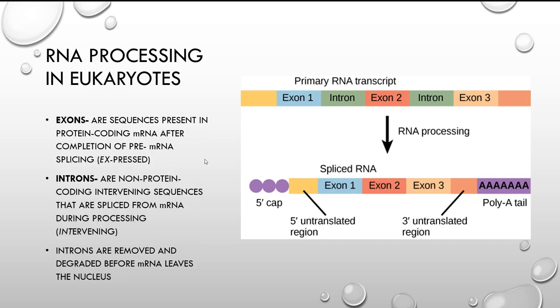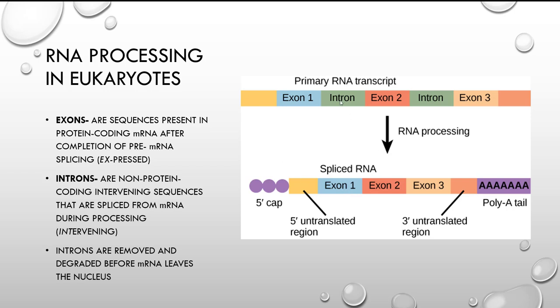Next, that mRNA strand has two parts to it. It has what are called exons and what are called introns. So exons are protein coding mRNA sequences. Okay, so they actually code for protein.